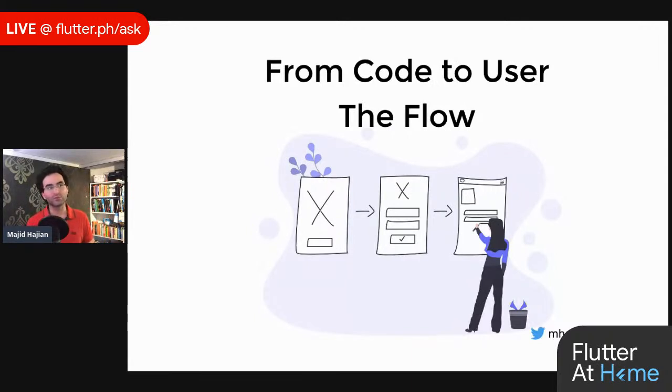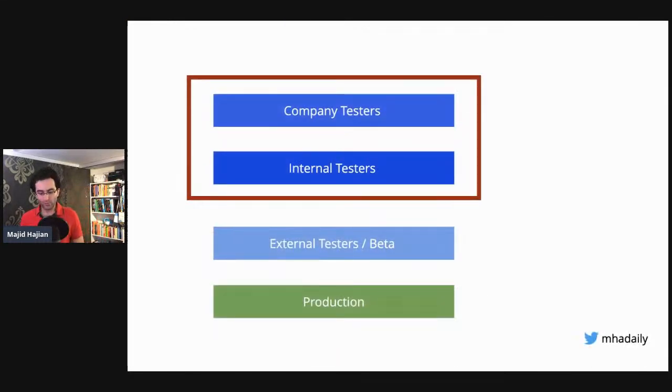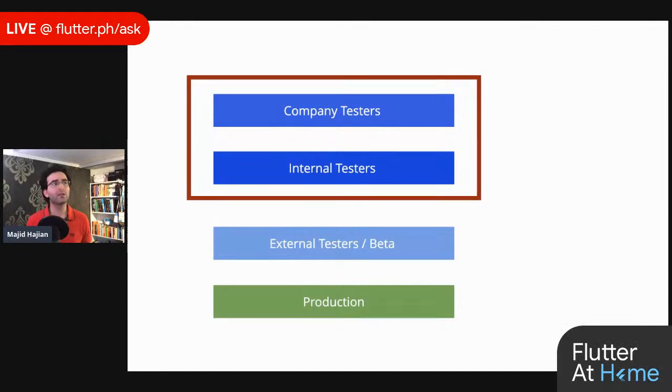From code to user, let's have a look at that. Eventually, when you are working, you have different parts of the company or different groups or teams that require you to send the app or your software to them to use, right?